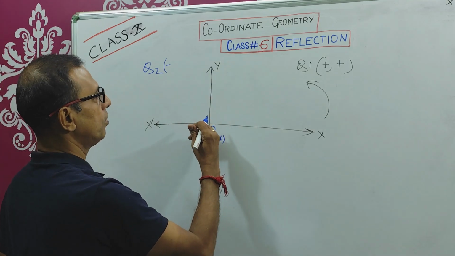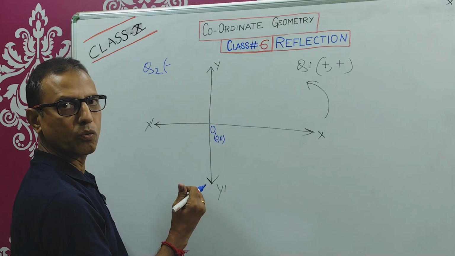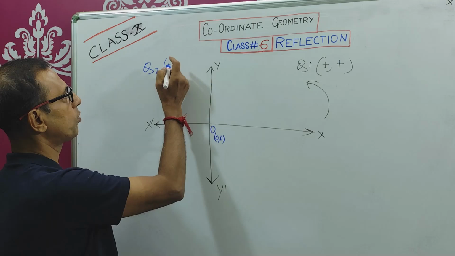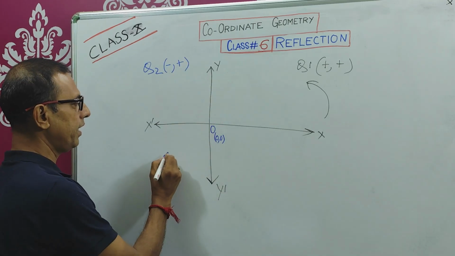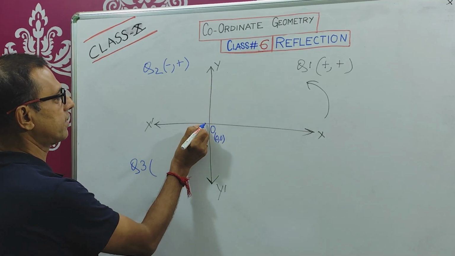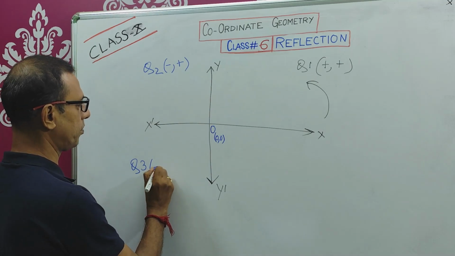Above the x-axis y is positive, below the x-axis y is negative. So in quadrant 2, x is negative and y is positive, so minus plus. In quadrant 3, x is negative and y is below the x-axis, that is also negative, so minus minus.